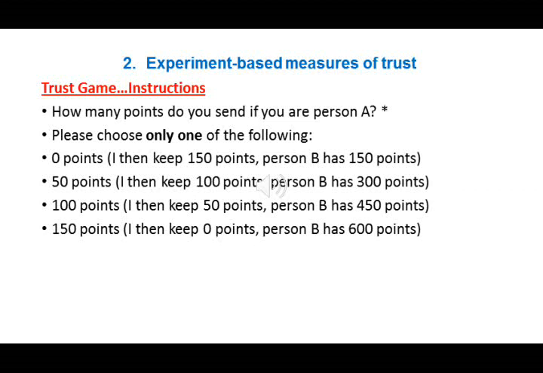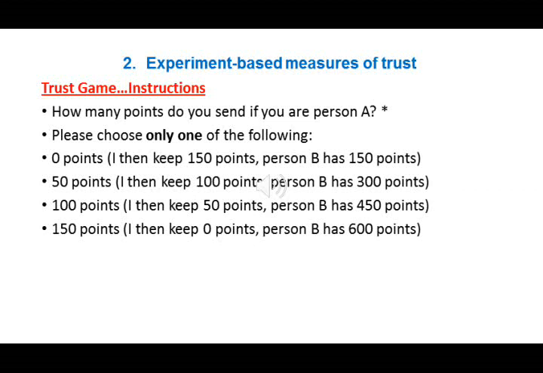Or he can choose to send 50 points, which means that he will keep 100 points as A and person B will now have 300 points after the 50 is tripled. Or he can send 100 points, which means that he keeps only 50 and leaves B with 450 points, or send 150 points, which means that he leaves nothing for himself and person B now has 600 points.